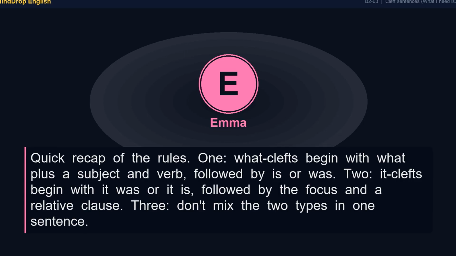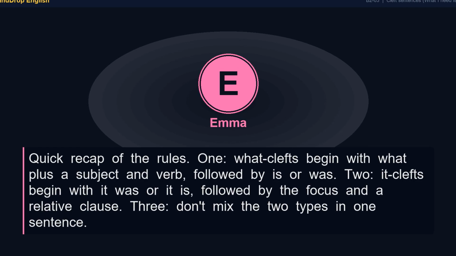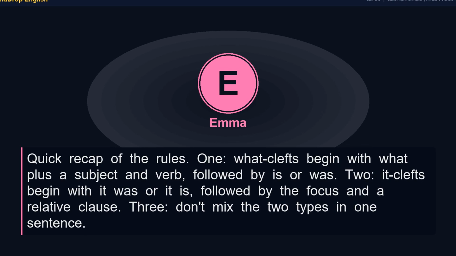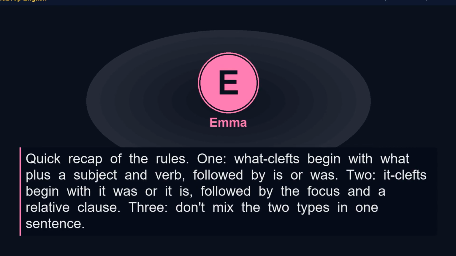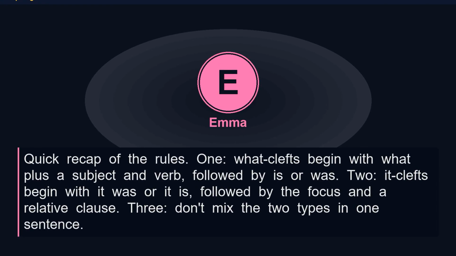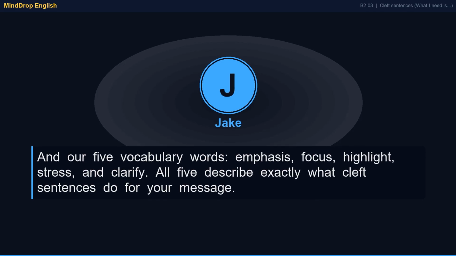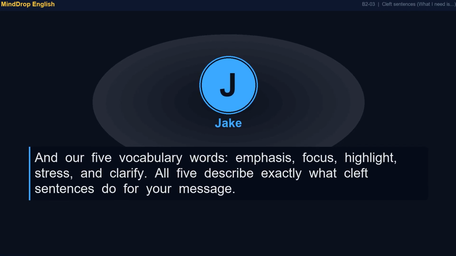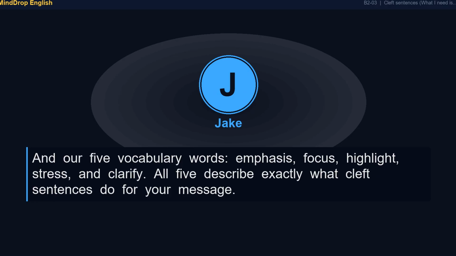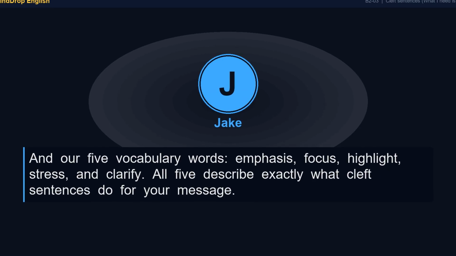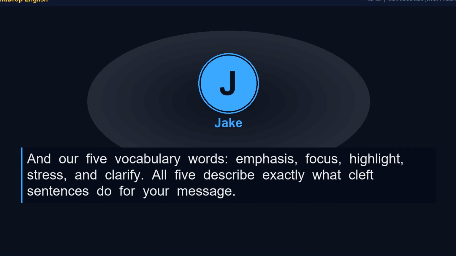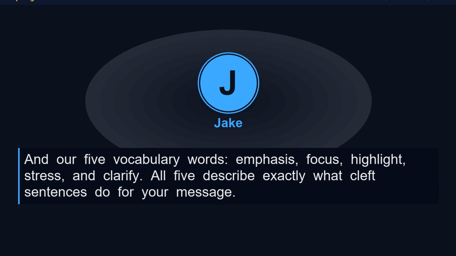It clefts begin with it was or it is, followed by the focus and a relative clause. 3. Don't mix the two types in one sentence. And our 5 vocabulary words: emphasis, focus, highlight, stress, and clarify. All 5 describe exactly what cleft sentences do for your message.